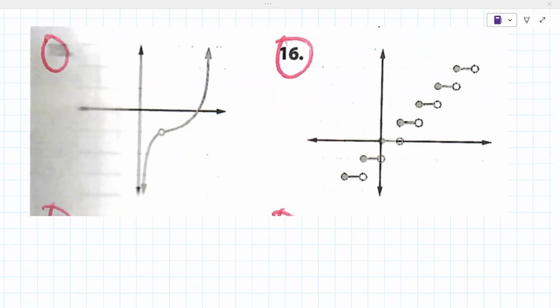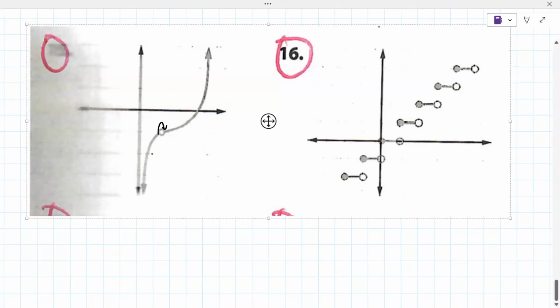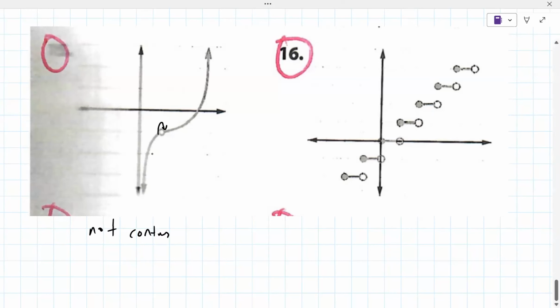Does that circle signify anything? Yes, good question. It means there's a break. So would that make it not continuous then? Exactly. Yes. Good eye on that. Then 16 is obviously not continuous.